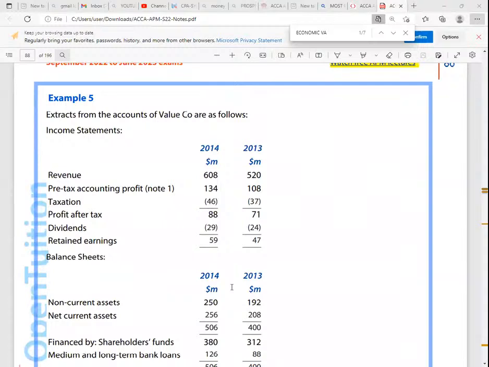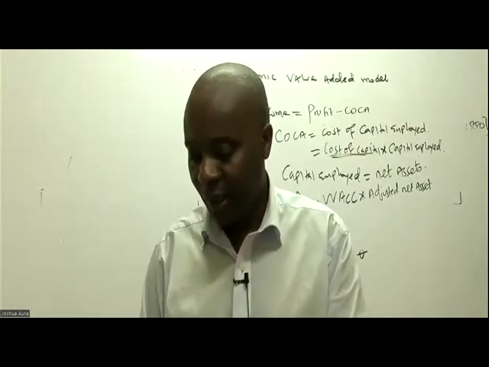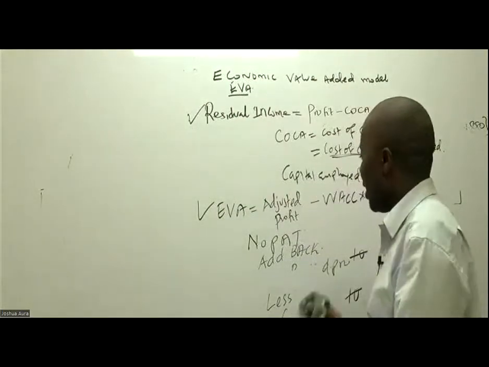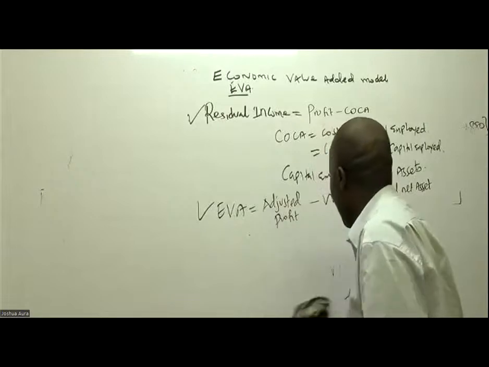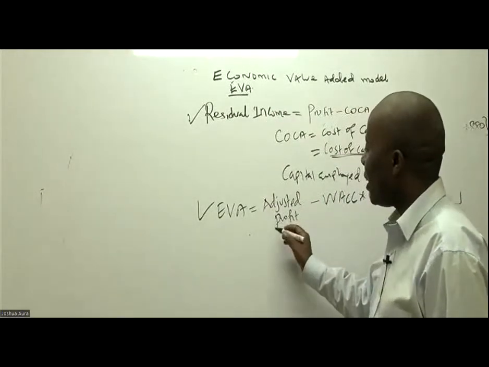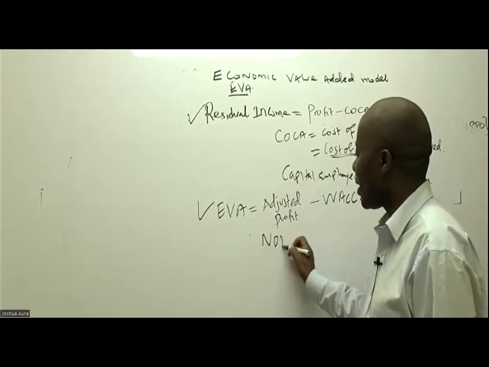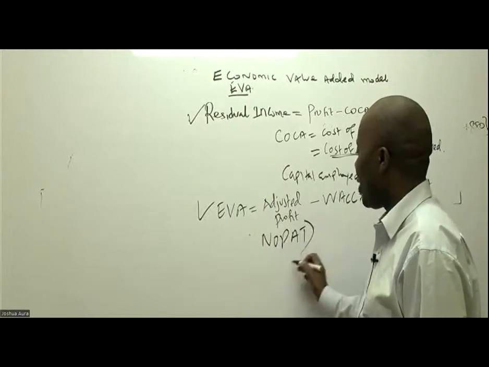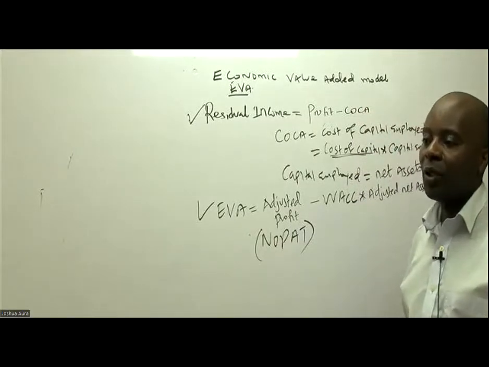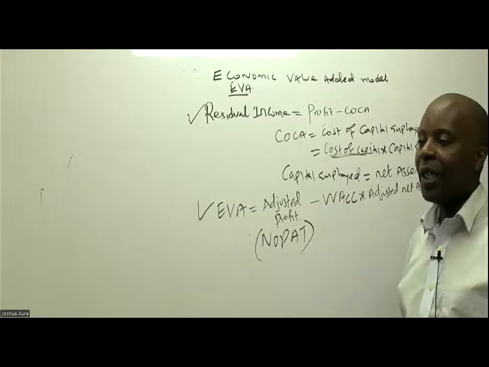So we want to send you this book right now. And as I do that, I expect you to remember that our EVA here is adjusted profit, and this adjusted profit is what we call NOPAT, net operating profit after tax.